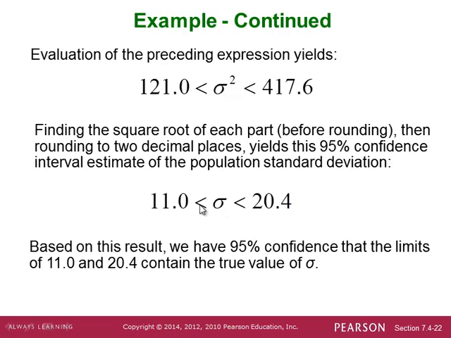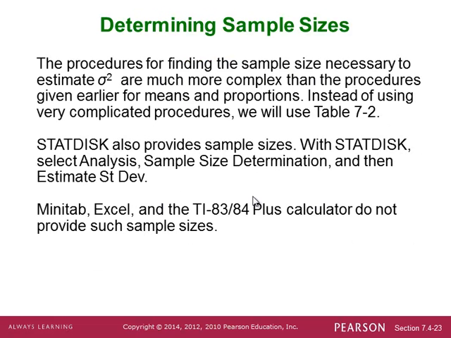Okay, and we have 95% confidence that the true population standard deviation is contained within this interval. All right, so that's a pretty straightforward calculation to get your confidence interval.